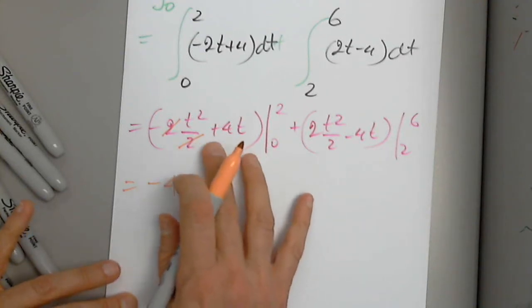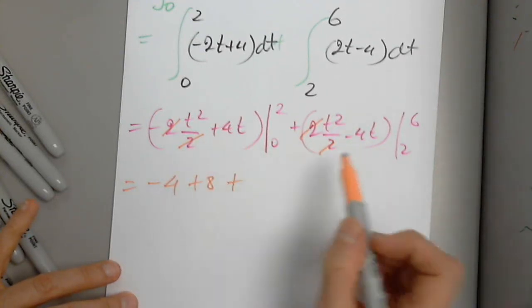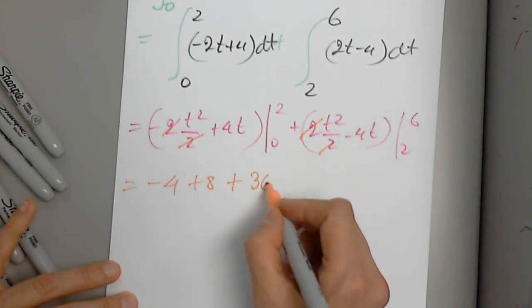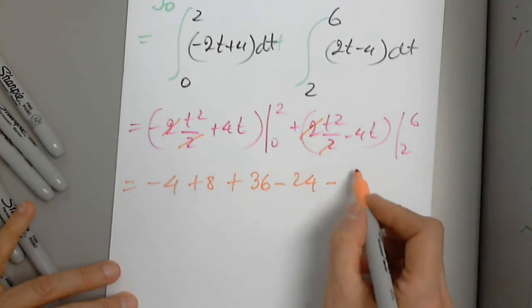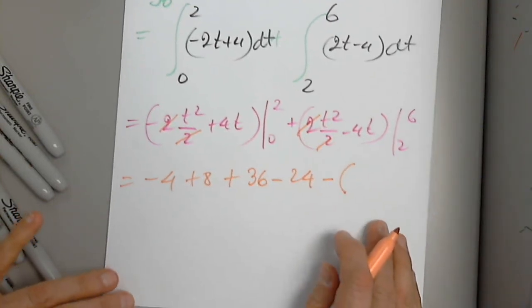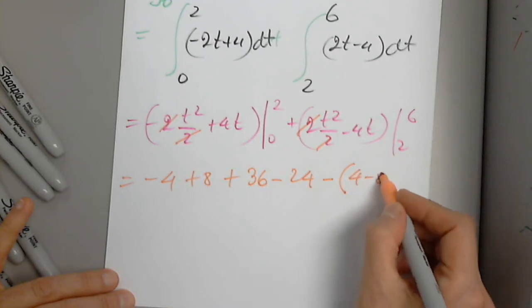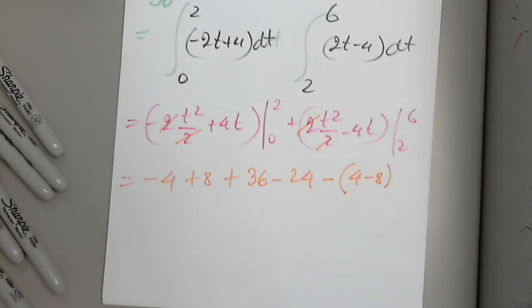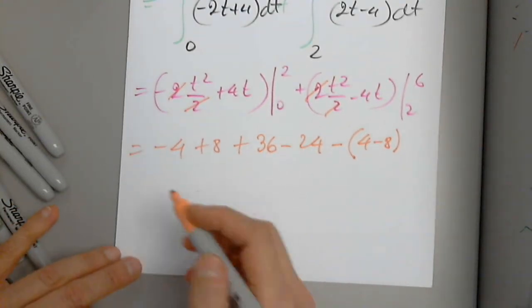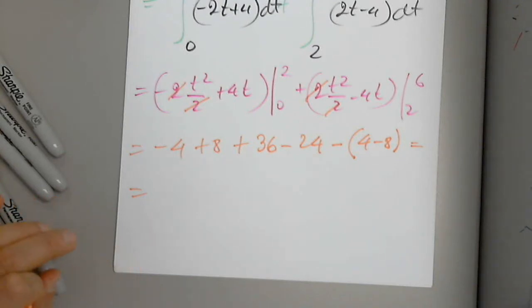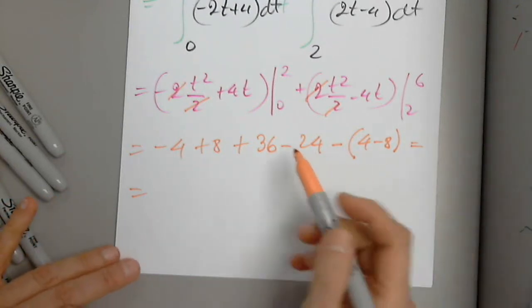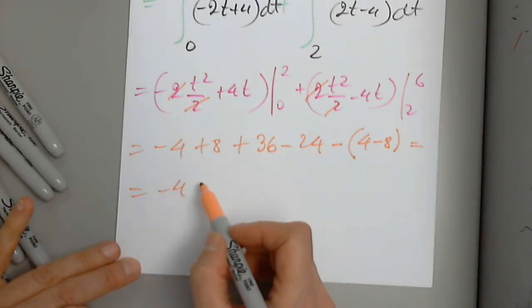Luckily, I don't have to plug in 0. Plus, I plug in 6, 36 minus 24, minus, put parentheses so we don't forget to distribute, 4 minus 8. Now, these numbers are okay, but those with fractions and square roots and so on, I don't care for the final answer. If you want, wait till you finish the test. Okay, so this is negative 4.